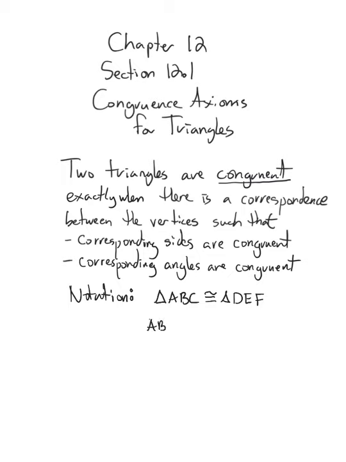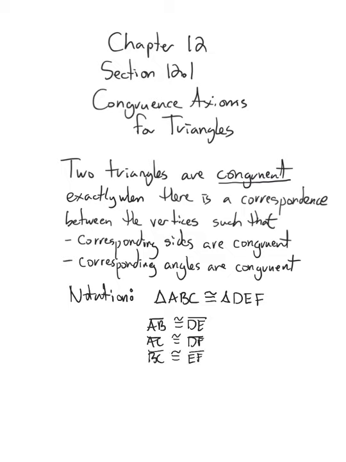It tells you the corresponding sides, so AB, the first two vertices in this list, is congruent to DE. AC is congruent to DF, and line segment BC is congruent to line segment EF.